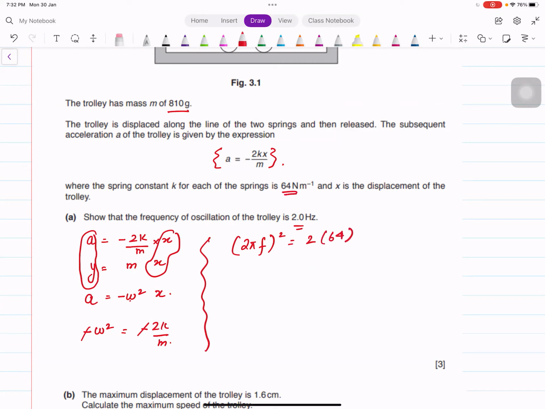Check units, it's Newton per meter, so everything else should also be in SI units. Mass is in grams, so I have to change it to 0.810 kg, because everything should be kept in SI units. Now, could you please find the frequency and check with this too? Oh, 2.0 hertz.